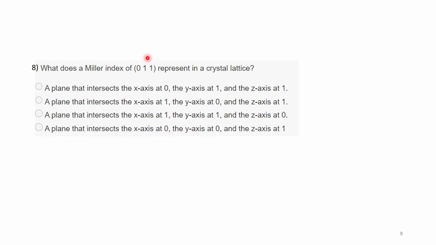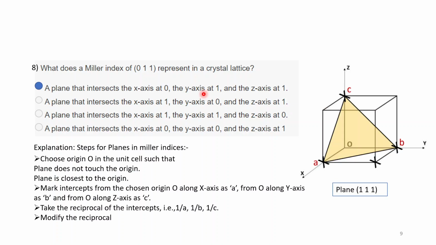When you find out Miller indices of planes, you take the reciprocal of the intercepts. So in this case, if you take their reciprocals, it won't be cutting the x-axis, so it will be x at 0, y at 1 and z at 1. This will be your answer.